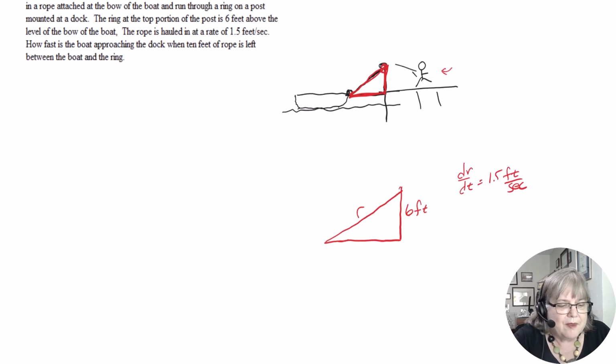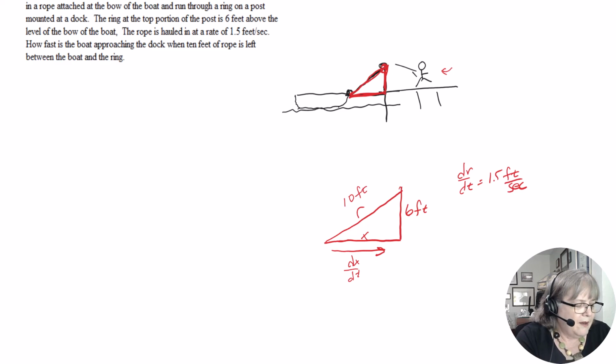How fast is the boat approaching the dock when 10 feet of rope is left between the boat and the ring? So this is going to be 10 feet here at some snapshot in time. And the question about how fast it is approaching is actually this measurement right here. So if you considered that x, it's looking for dx/dt.